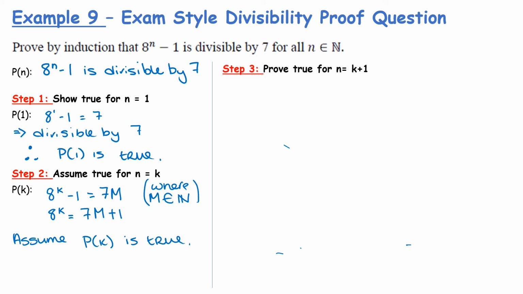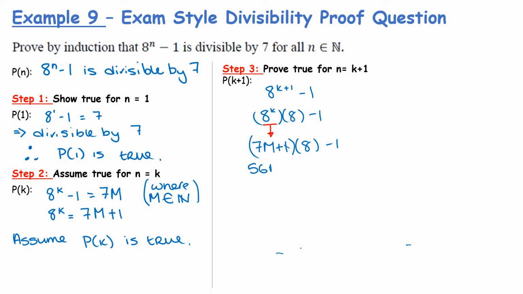So step 3, prove true for n equals k plus 1. So 8 to the power of k plus 1 minus 1 can be split up into 8 to the power of k times 8 minus 1. 8 to the power of k can be written as 7m plus 1, times 8, minus 1. So that gives me 56m plus 8 minus 1.